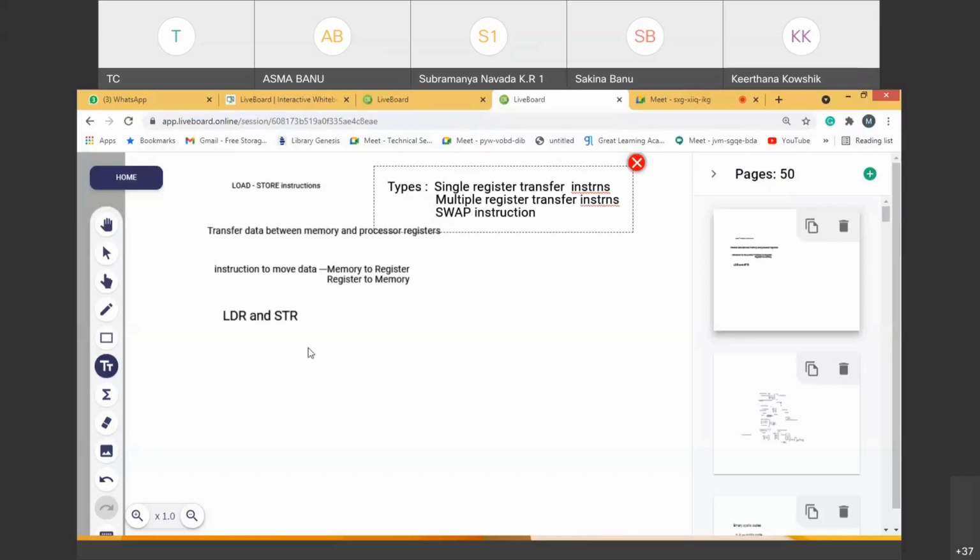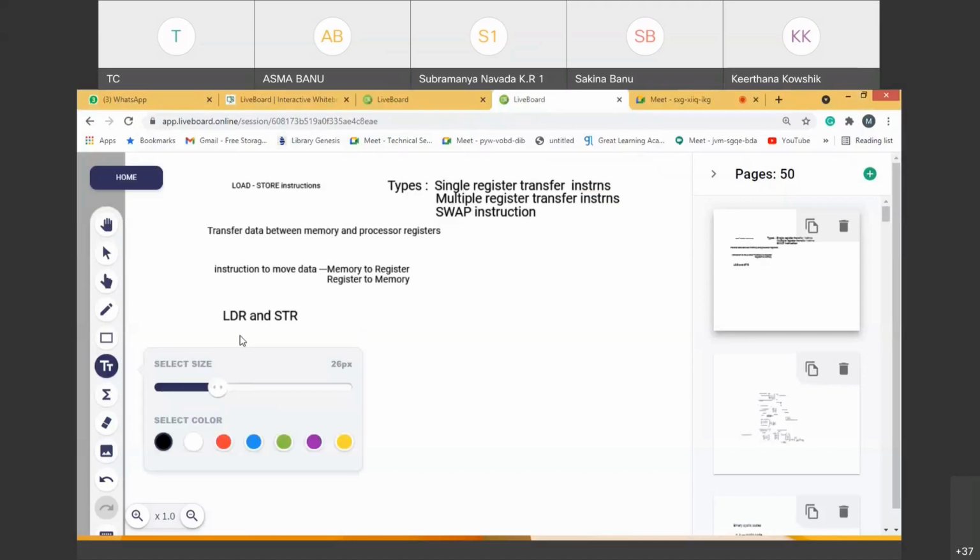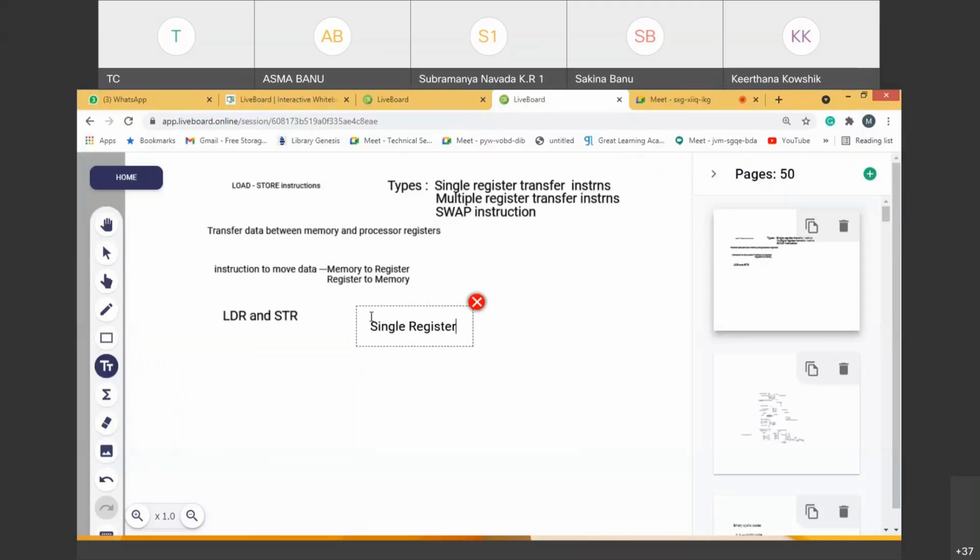Today, I thought to complete the single register transfer instructions. So we will start with single register transfer instructions.